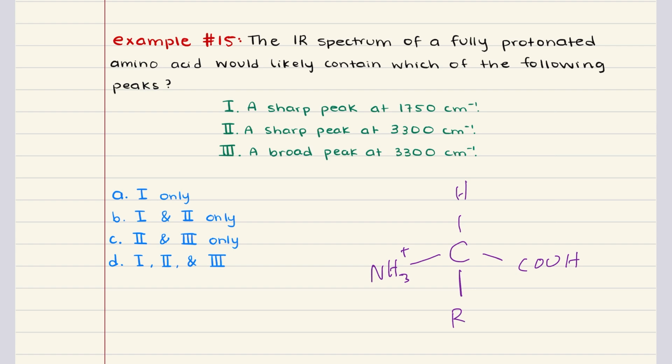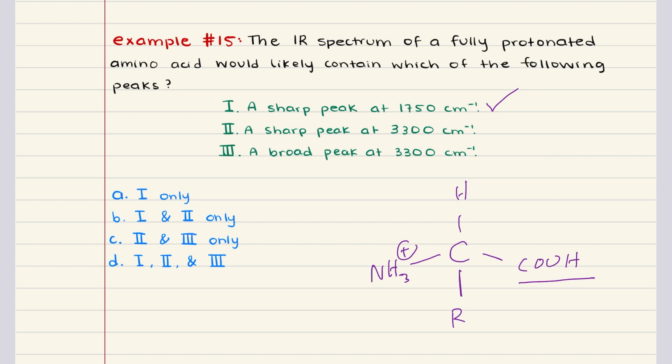So that contains our carboxylic acid group, COOH, and a protonated amino group, so NH3, and it has a positive charge here. The carboxylic acid group is going to include a carbonyl bond, which gives a sharp peak around 1700 to 1750 wave numbers. So that confirms peak 1. That statement 1 is correct.